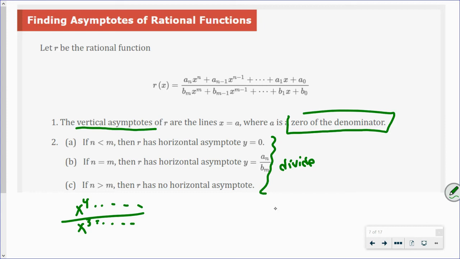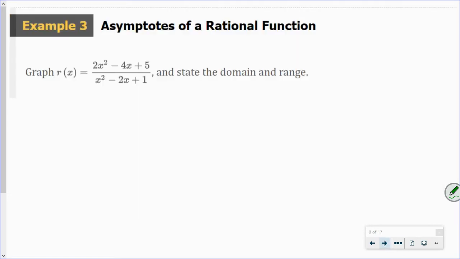Okay, so let's look at some of this here. Graph this rational function and state domain and range. So we're going to look at the vertical asymptotes first. And the way we're going to do that is we're going to have to factor the bottom. If I factor the bottom, I need factors of 1 that add to 2.